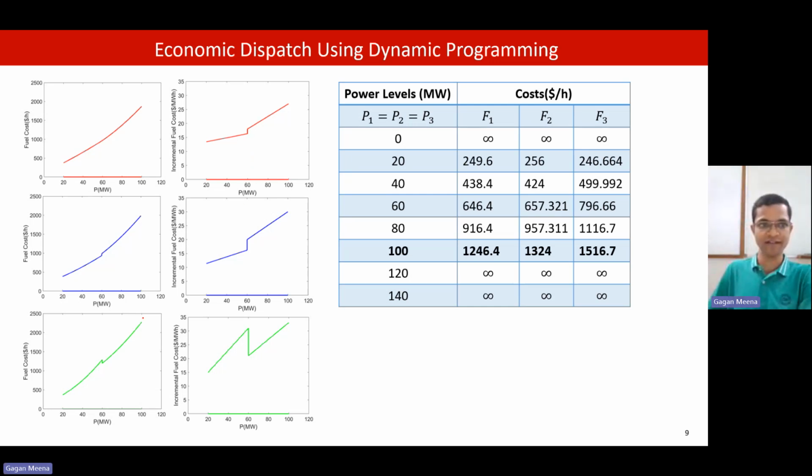And if we see generator 2, we can clearly see the cost curve is discontinuous. It is continuous, but you can see it is non-convex now. If we draw a line, then the curve is non-convex. This is a non-convex curve, and this is clearly a non-convex curve.